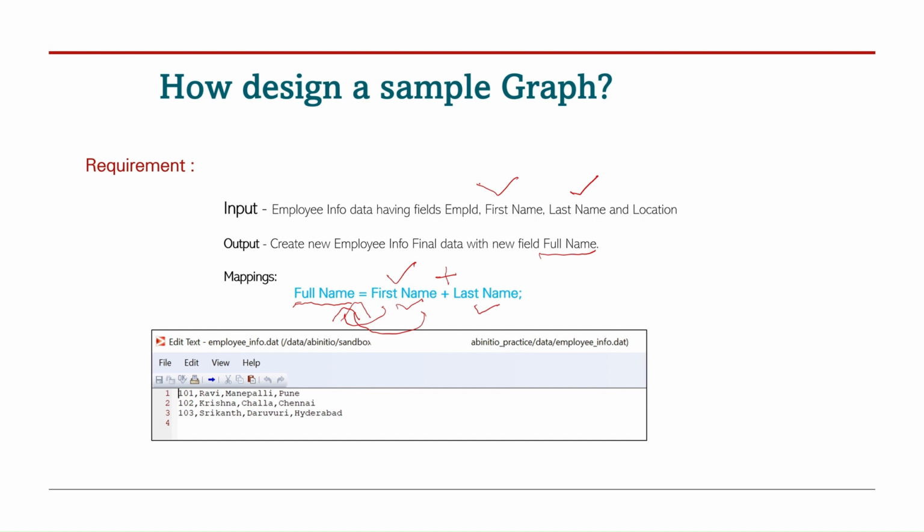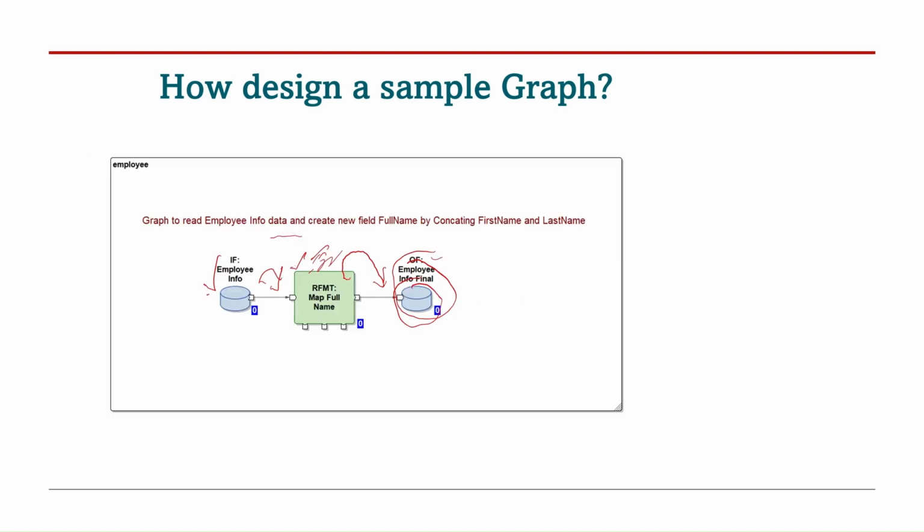you know what functionalities you need to derive based on the given mapping conditions, and based on those you choose which components to use. The same way I designed it here: my input is simple, I need to use employee info data from one file, that's why I chose the input file component.